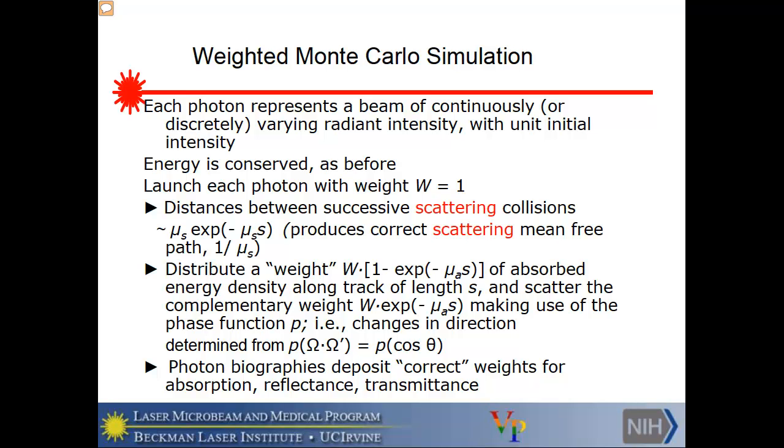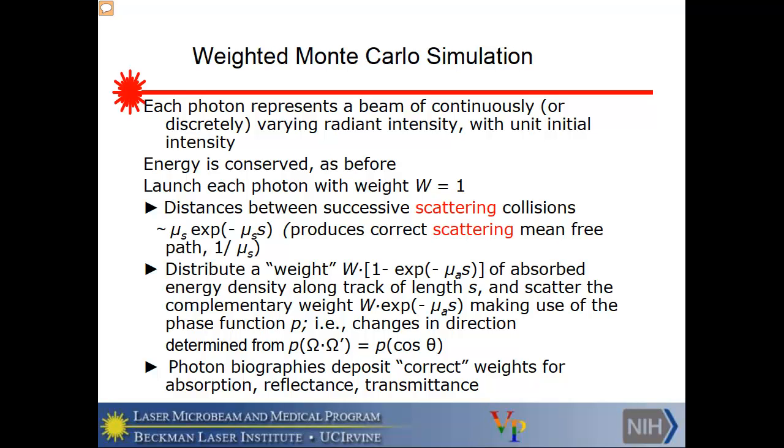Now, instead of sampling distances to reproduce the correct total mean free path, 1 over mu t, we're going to sample distances to produce the correct scattering mean free path. But in this example, we're going to distribute the absorbed weight continuously along that path segment. So we're not allowing discrete absorption, but rather distributing absorption continuously along the length of the track followed.